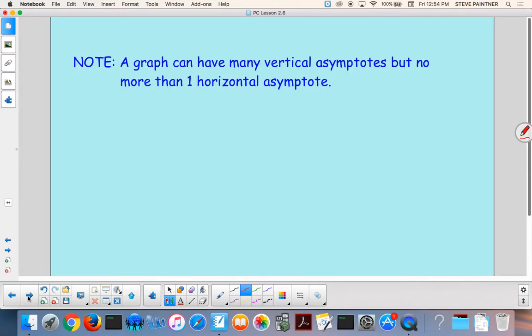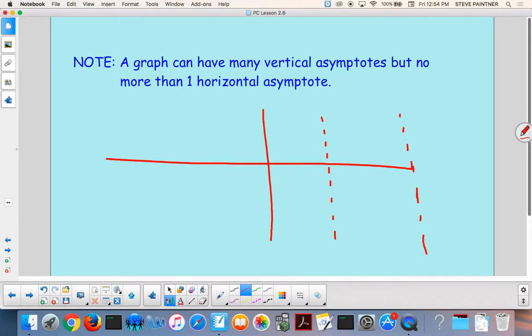Okay. Here's a little quick note just so you know this. A graph can have many, many vertical asymptotes. I want you to know that it can have many. I'll call this one negative 5. I'll call this one 2. I'll call this one 6.